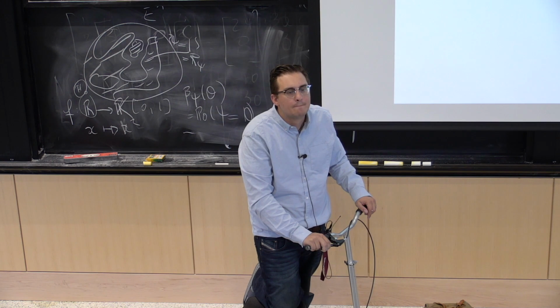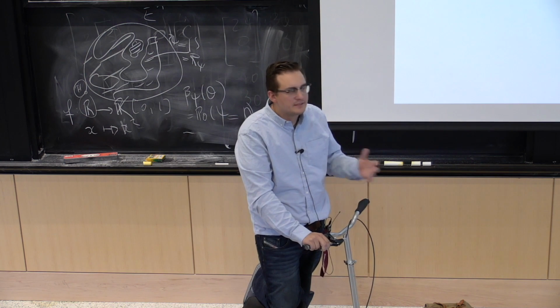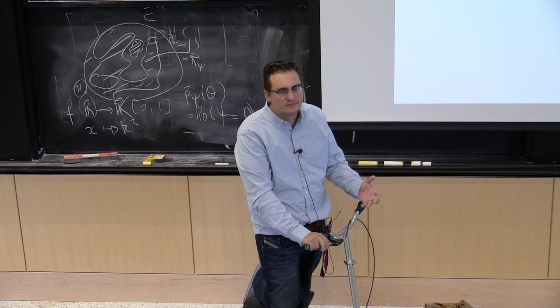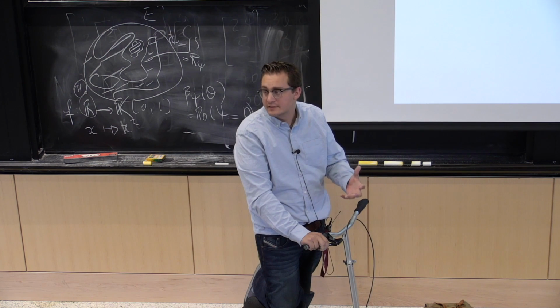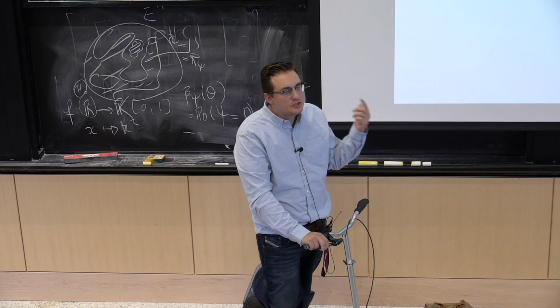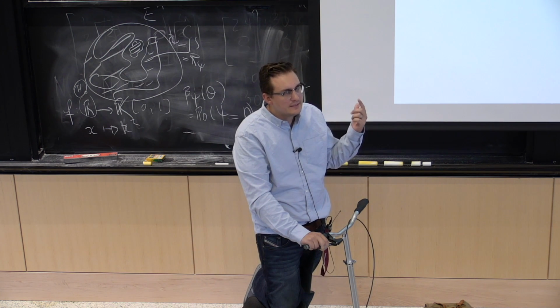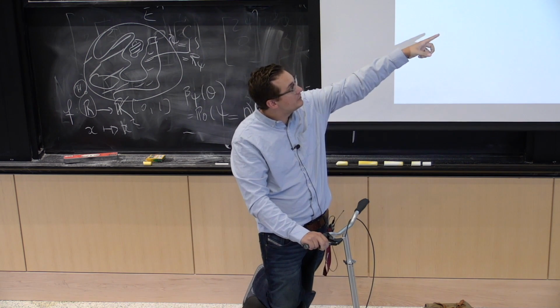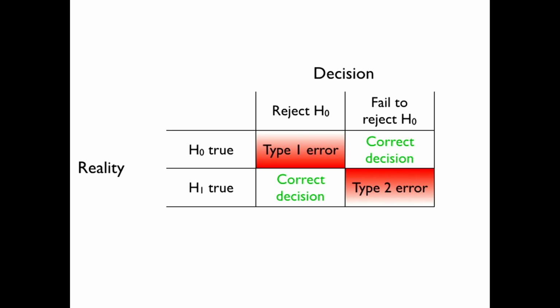The status quo, everybody's innocent until proven guilty. So that's our H0, that the person is innocent. And so we're looking at the probability of type 1 error. So that's when we reject the fact that it's innocent, so we conclude that this person is guilty. Okay, so type 1 error is when this person is innocent and we conclude it's guilty.